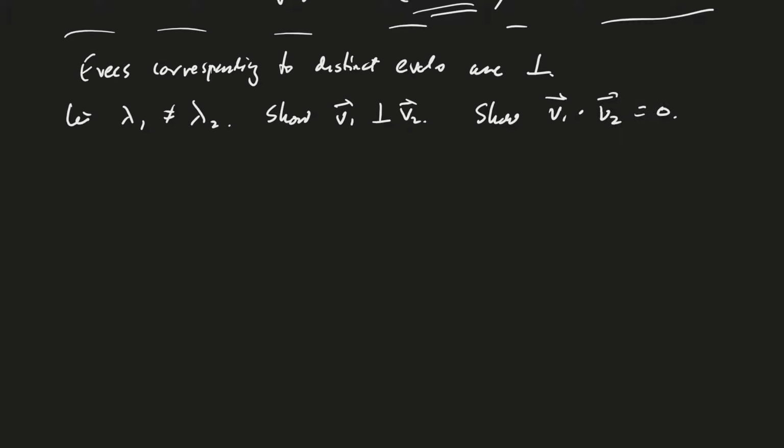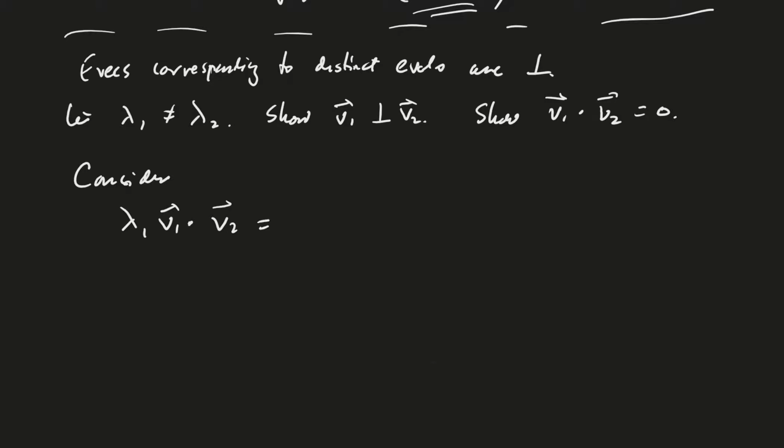Good. The way we're going to start is we'll consider lambda 1 times V1 dotted with V2. Now I'm trying to show that that's equal to 0.